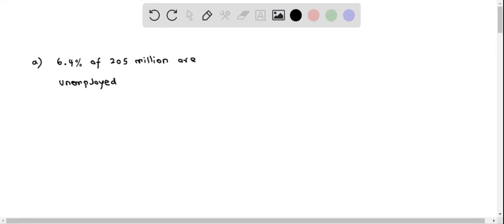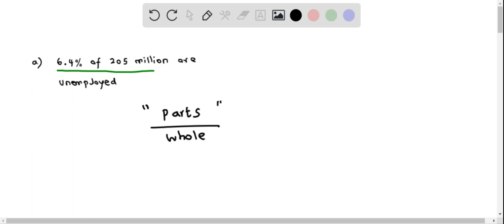Let's do part A. Here we determine the total adult Americans unemployed when 6.4% of the 205 million are unemployed. I'm going to use this parts-by-whole proportionality formula.